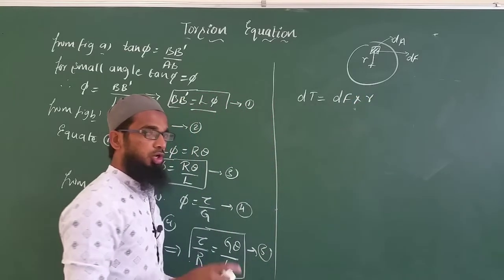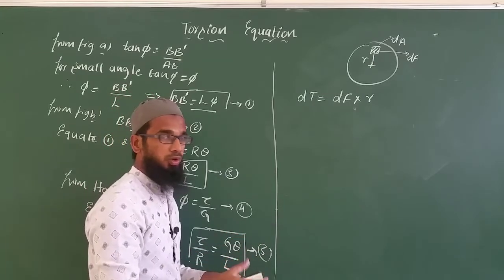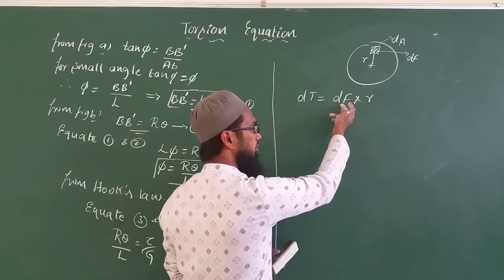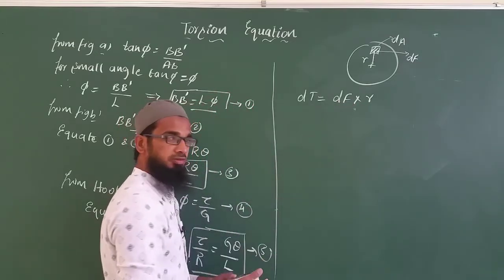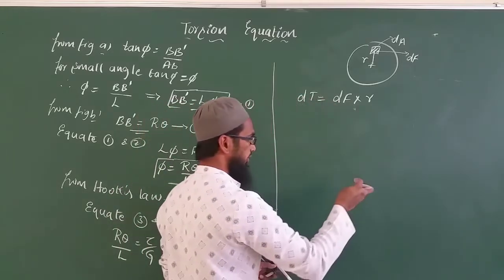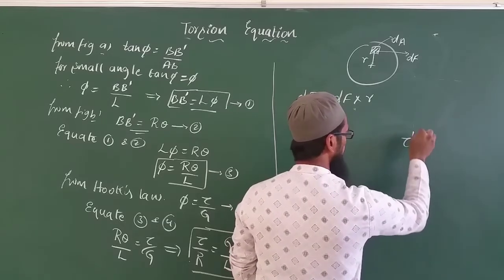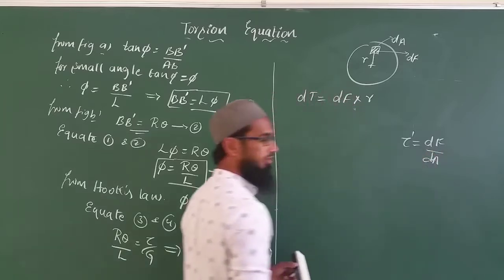Torque is equal to twisting moment, which is force into perpendicular distance, that is force into radius. In that form I have taken dT is equal to dF into r. This is our force for a small differential element. Now in place of dF, how can we take it? We know that shear stress tau is force by area for a differential element.